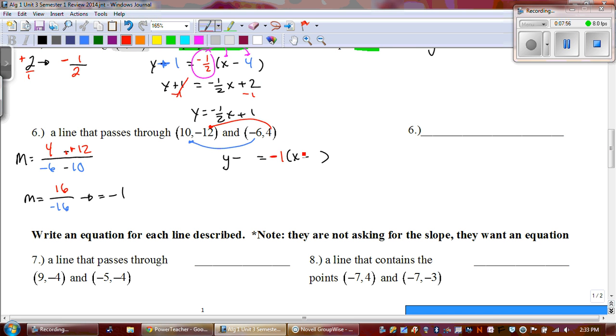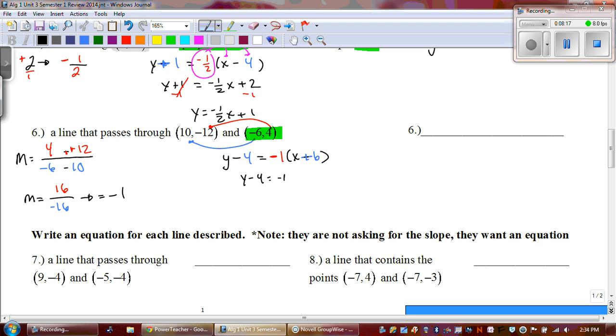Okay, so our slope is negative 1, and now we just pick a point. It doesn't matter. You can use either one and you can get the right answer. I'm going to do the one with the smaller numbers. Okay, so I know negative 6 is my x, and then 4. So let's go ahead and distribute.